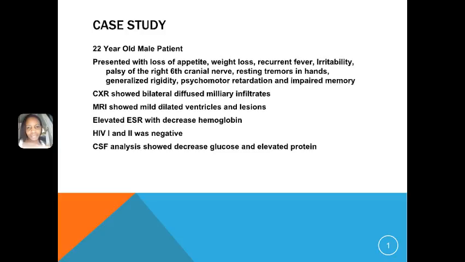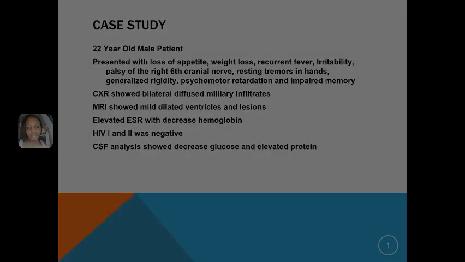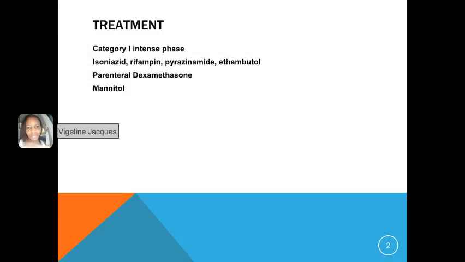MRI showed mildly dilated ventricles with lesions along the convexity sulci, which suggests chronic tuberculous meningitis. The patient was then started on Category 1 intensive phase medication, such as isoniazid, rifampin, pyrazinamide, and ethambutol, along with parenteral dexamethasone and also mannitol for intracranial pressure.